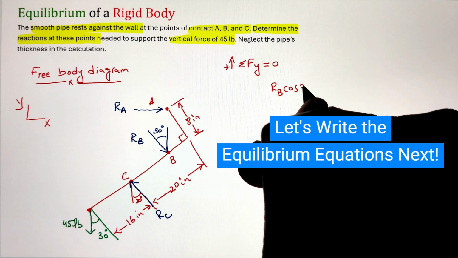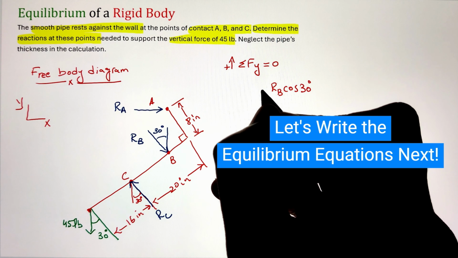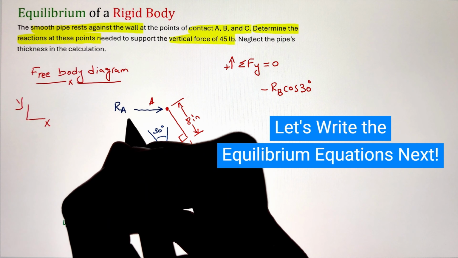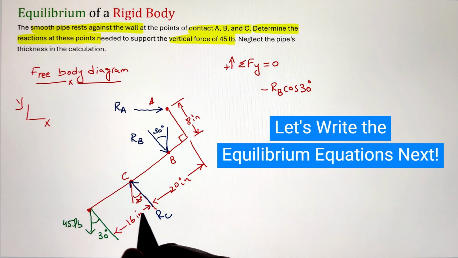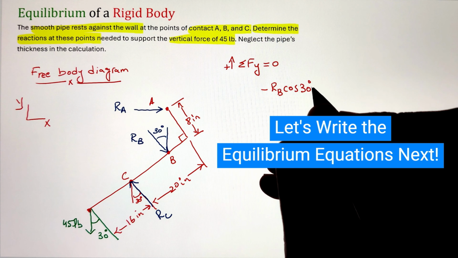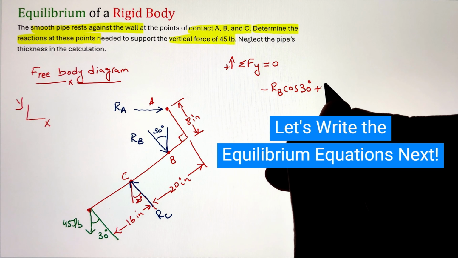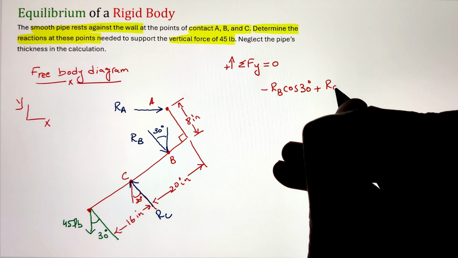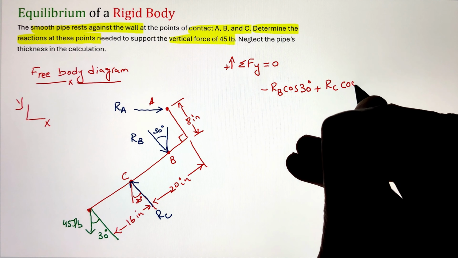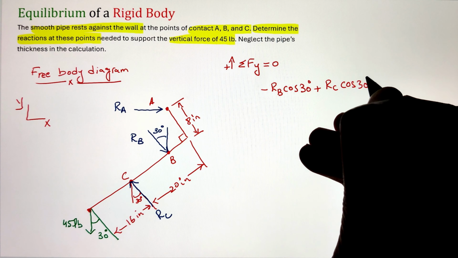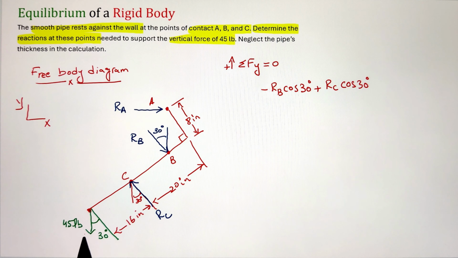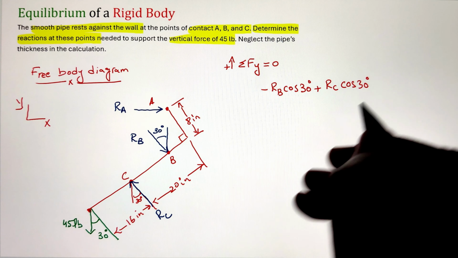If I do summation of forces along the x-axis equals 0, I will have three unknowns of Ra, Rb, and Rc. However, if I do summation of forces along the y-axis equals 0, I will have only two unknowns of Rb and Rc. So let's start with summation of forces along the y-axis equals 0.